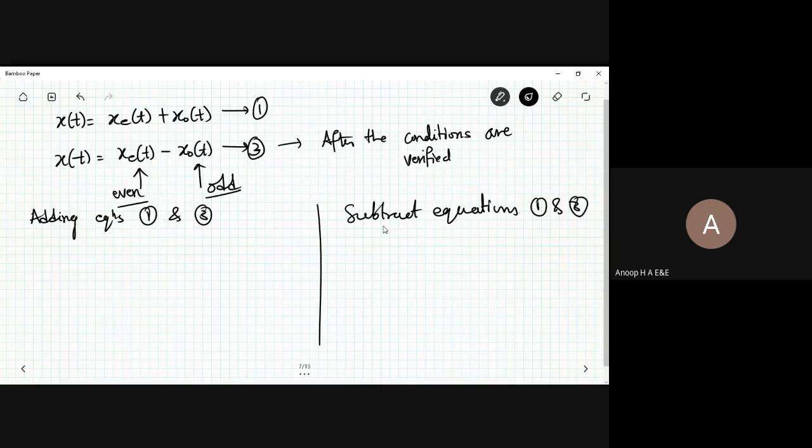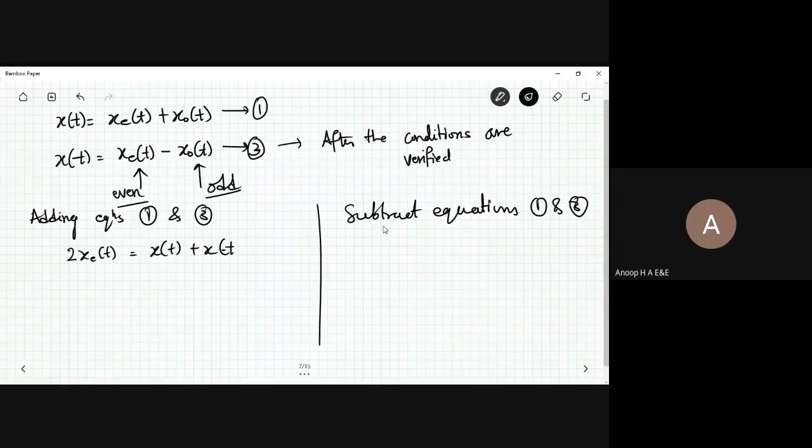So if I add equations 1 and 3, I'll write it directly here. What do I get? There is a minus sign here, don't get confused. So this is 2 times x even of t, as I'll be adding x of t plus x of minus t.